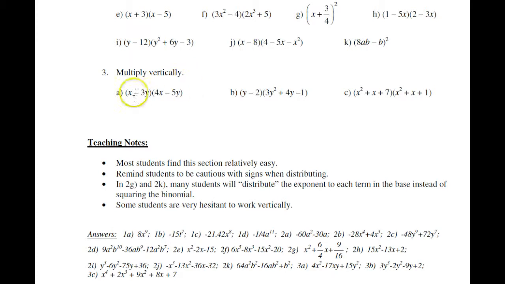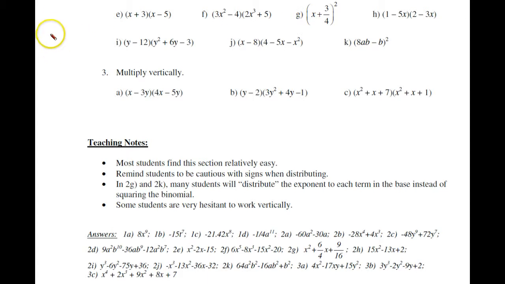Now, in this next one, they want us to square this binomial. Now, for this, and I'll be showing you this in the next lesson too, there is a recipe. One way to do it is just to write it again, and you can do it horizontally, or you can do it vertically, but there is a special way to square a binomial.